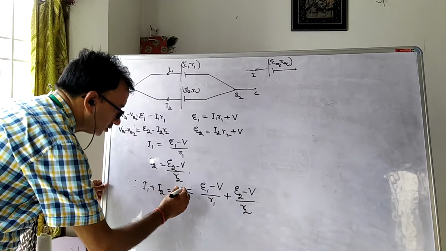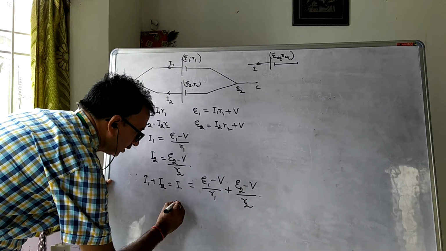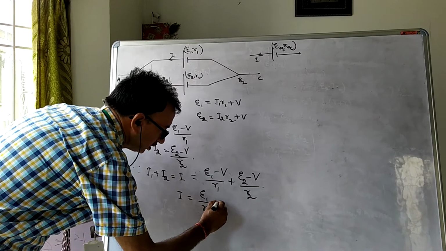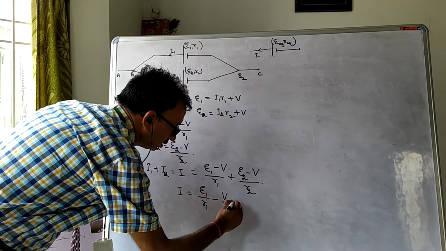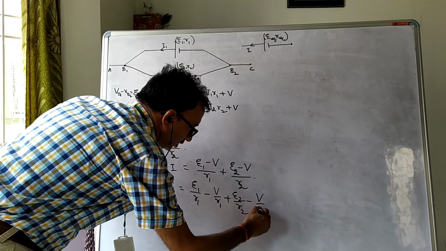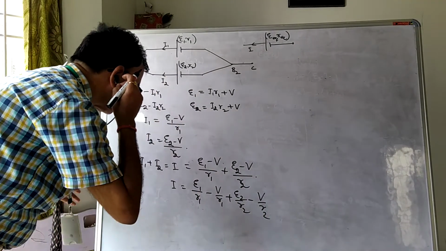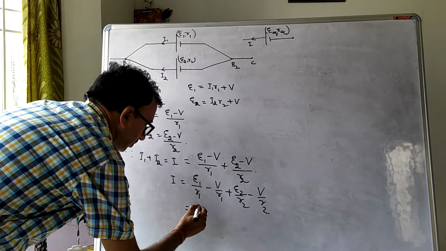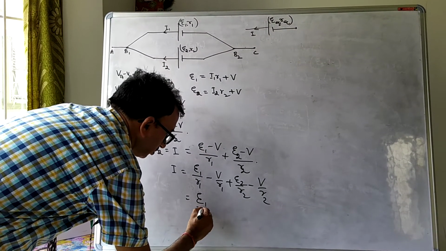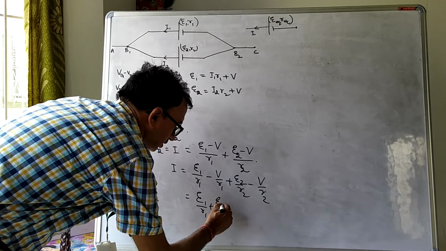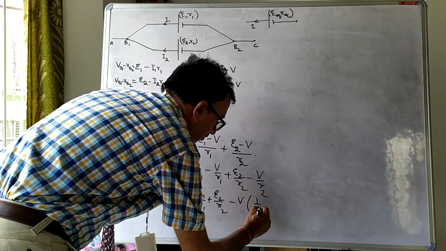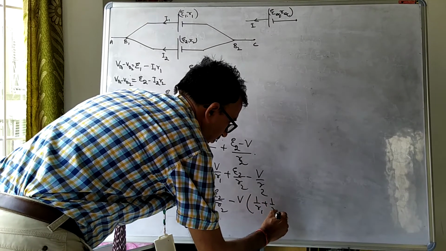What is the value of I? I equals E1 by R1 minus V by R1 plus E2 by R2 minus V by R2. So the value is E1 by R1 plus E2 by R2 minus V times 1 by R1 plus 1 by R2.